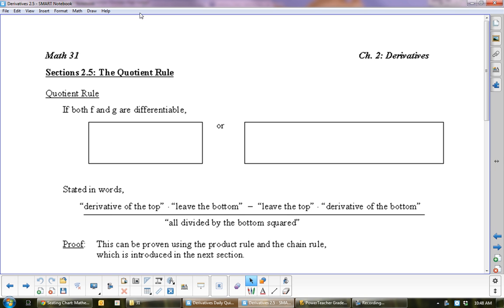Okay, so the one thing we haven't looked at yet, and I was kind of alluding to it on the quiz, is that we haven't done any with having a polynomial on the bottom.